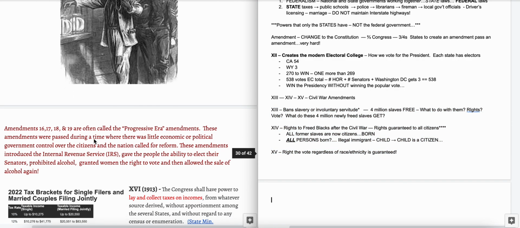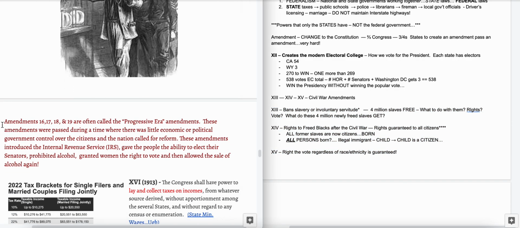Amendments 16, 17, 18, and 19. These amendments are called the Progressive Era Amendments. These amendments were passed during a time where there was little economic or political government control over the citizens, and the people needed reform. Now, when I say little government control, after the Civil War, the people basically just did whatever they wanted. Millionaires could make millions and millions of dollars and pay their workers $1.20 a day.